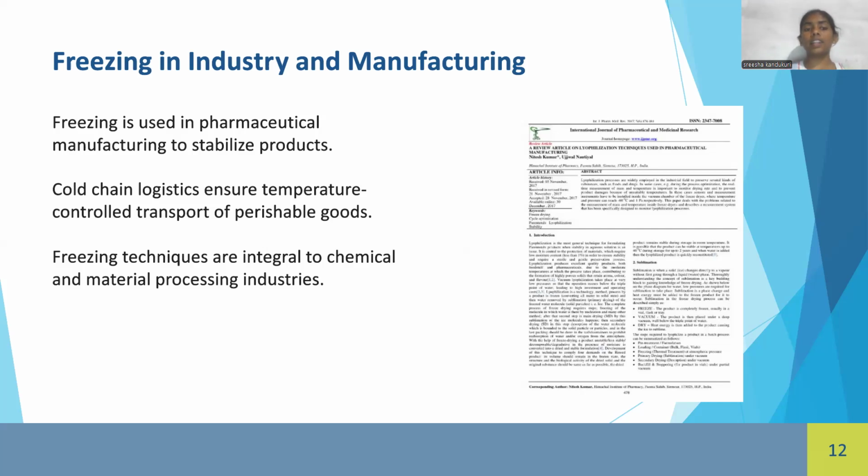Freezing techniques are integral to chemical and material processing industries. So here we can see a review article on techniques used in pharmaceutical manufacturing, and it is done by Nitesh Kumar from Ujjwal Nailan.